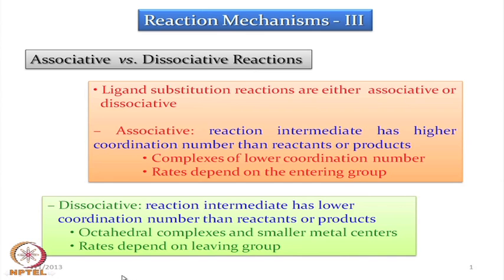So, how this rate law can help us in understanding these reactions, where we can consider that the reactivity pattern for a particular metal ion with different ligands is different.